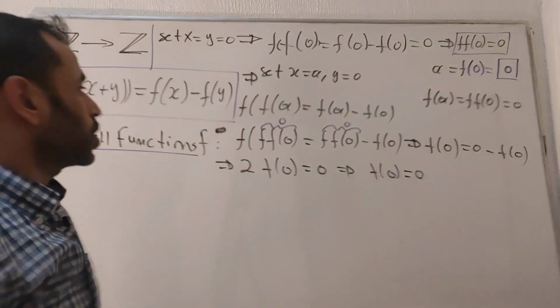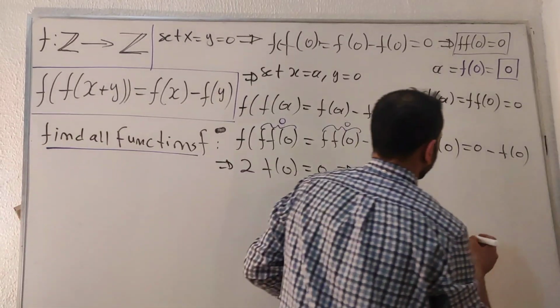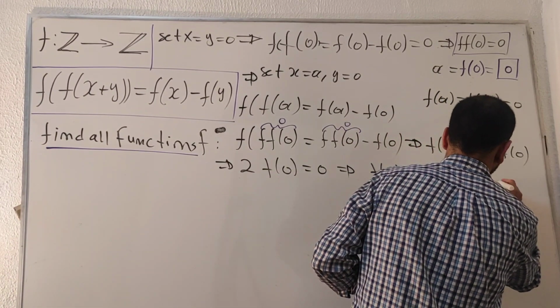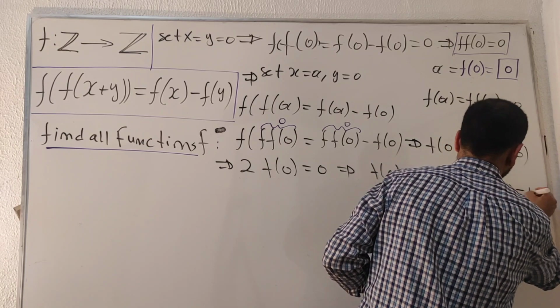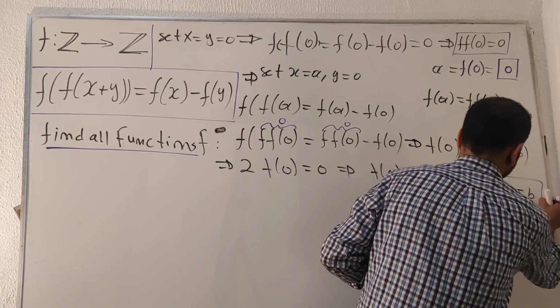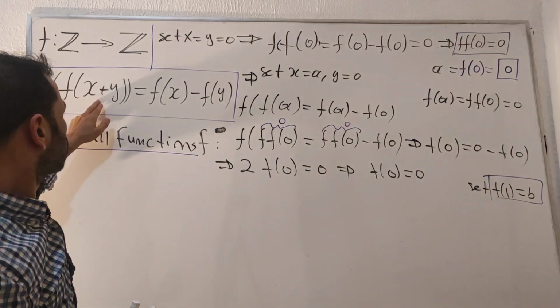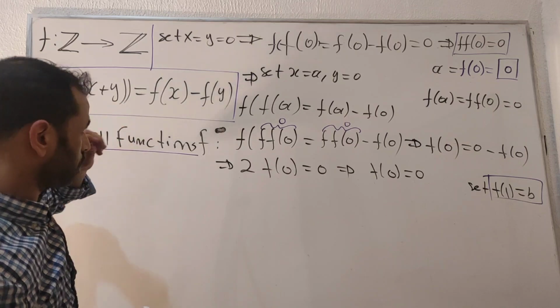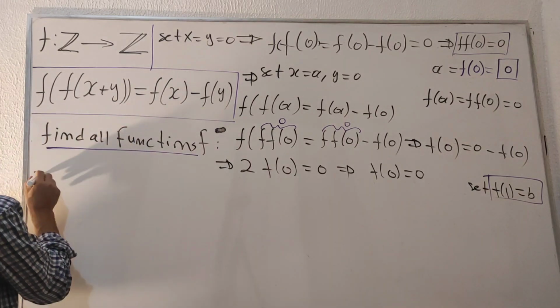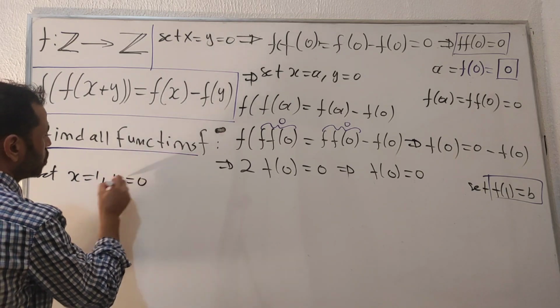Now let's move on to calculate f of 1. Let's set f of 1 equals b. So we are going to find b. Let's replace x with 1 and y with 0. So let's set x equals 1, y equals 0.